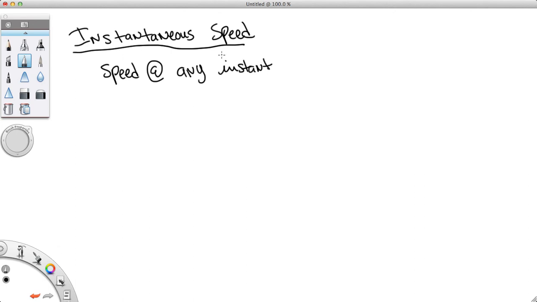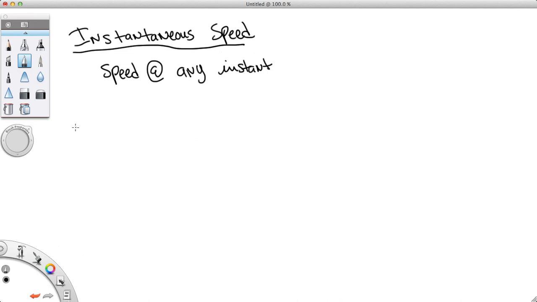At any point in time, how fast an object is moving is the instantaneous speed. Cars do not always travel 60 miles per hour. Their speed fluctuates anywhere from 0 up to whatever. We do not always walk slow or always walk fast. Instantaneous speed is a measure of how fast an object is moving at a specific time, not overall.